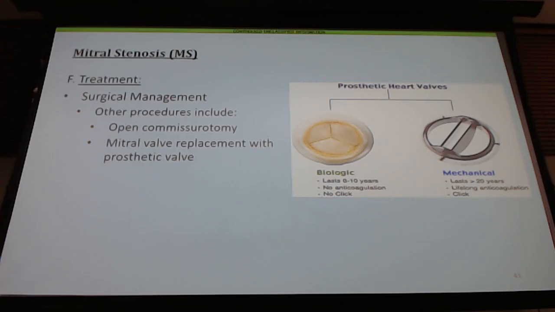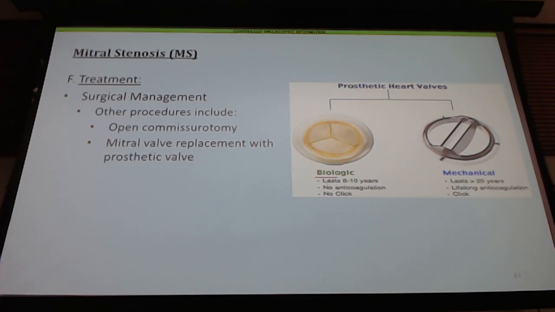Or I can just replace the diseased valve entirely with a different heart valve, a synthetic heart valve, a prosthetic heart valve, which there's two kind of flavors associated with this. So you can get a biologic, which typically we think of this as being, we took a heart valve out of a pig, so it's like a porcine, and made it and put it in, or even cadavers.